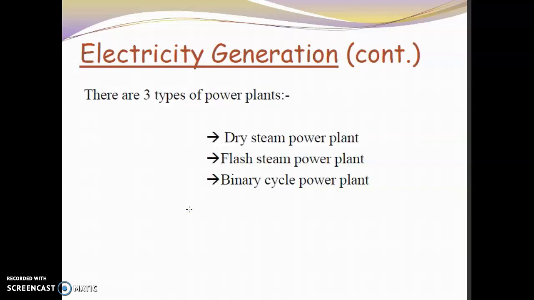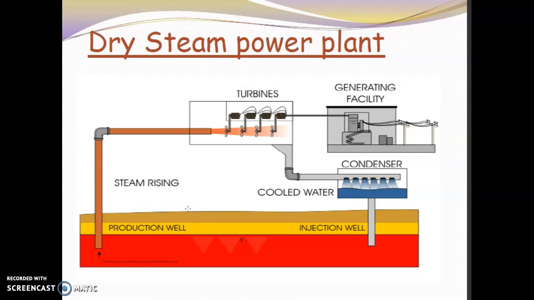There are three types of power plants: dry steam power plant, flash steam power plant, and binary cycle power plant. In the dry steam power plant, the heat is sent to the turbine, where electricity is generated, and the cooled steam is sent back.